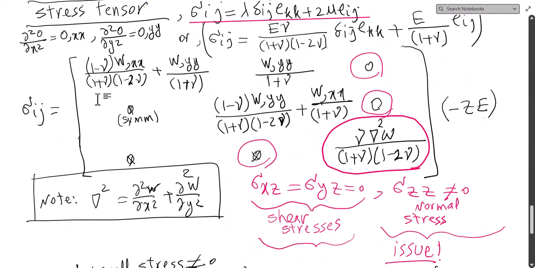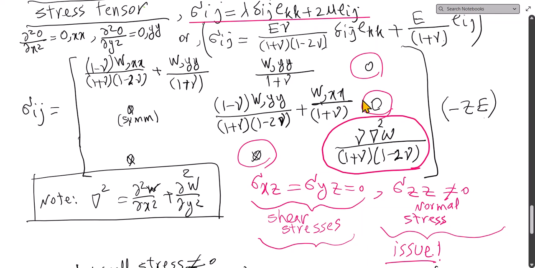But if we get our stress, as I mentioned, from a fully 3D treatment, then these two are 0, but the ZZ is not 0. These two being 0 by itself is a problem because we ignore shear effect on deflection.